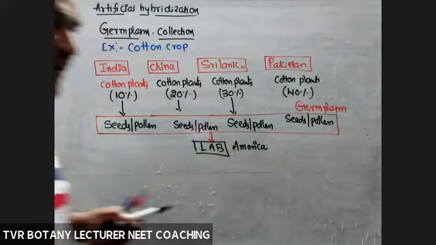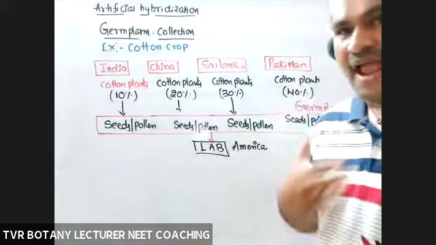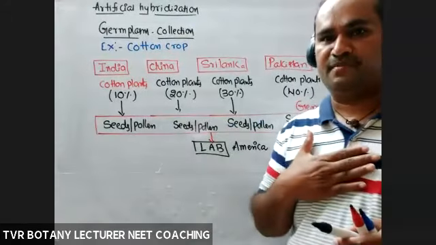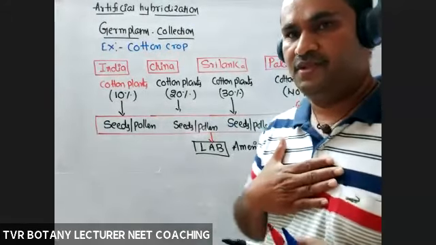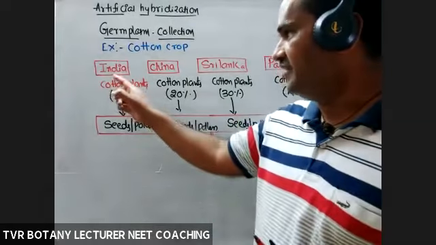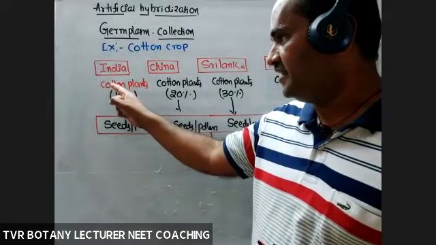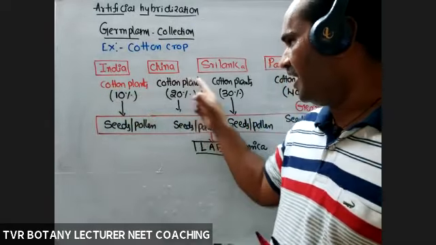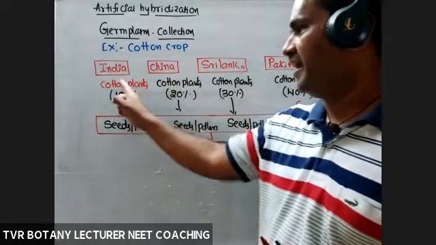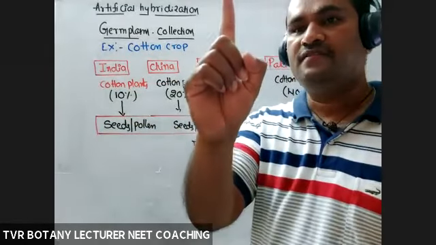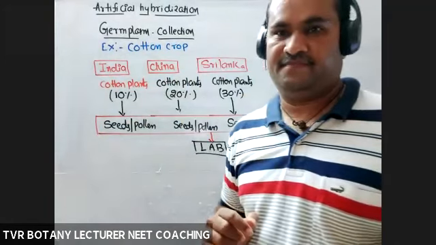See, what is our objective here? As a plant breeder, for example, myself being a plant breeder, to bring the maximum number of desirable characteristics present in all cotton plants into one variety.